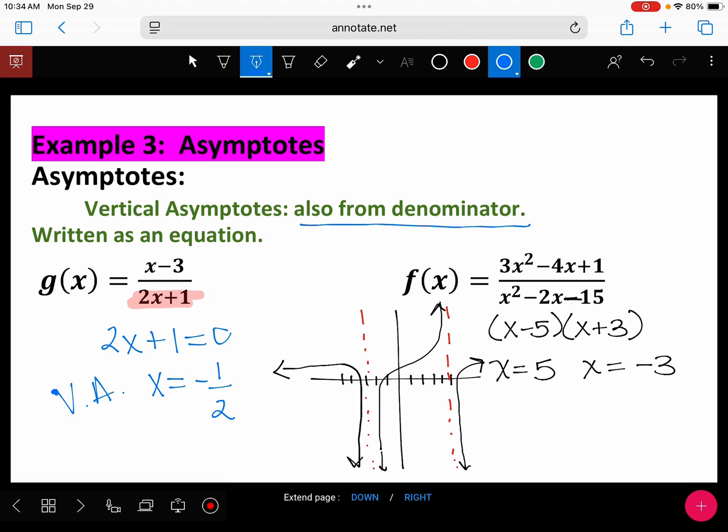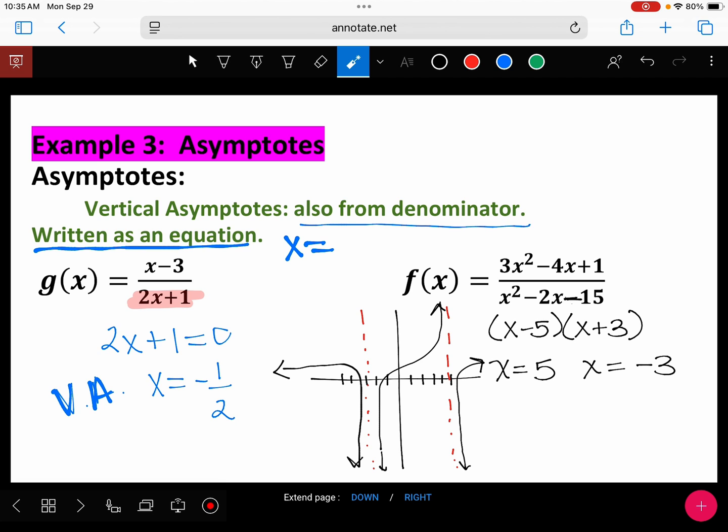So this would be my vertical asymptote, but if it asked me for the domain, it would be negative infinity to negative 1/2 union negative 1/2 to positive infinity. But it didn't ask that. But just remember, vertical asymptote always comes from the denominator, and you write it as x equals whatever that is. And you can have more than one. And the second one here, notice we had 2 vertical asymptotes.